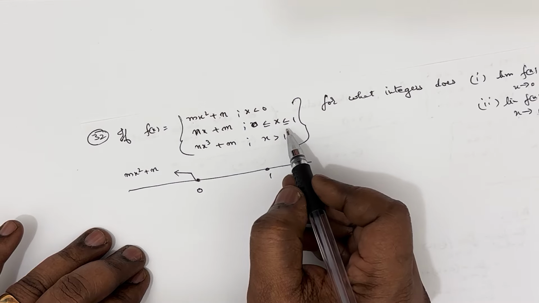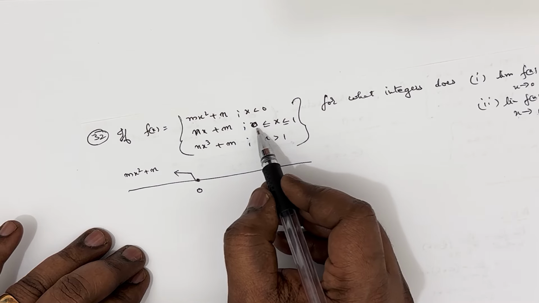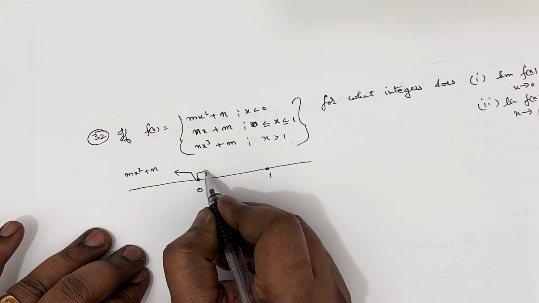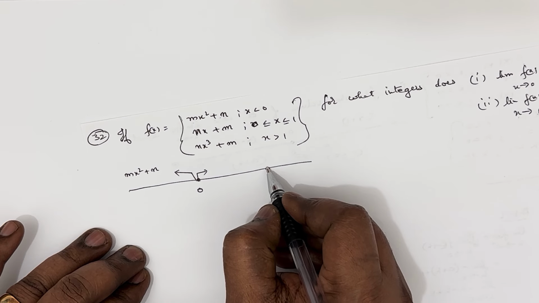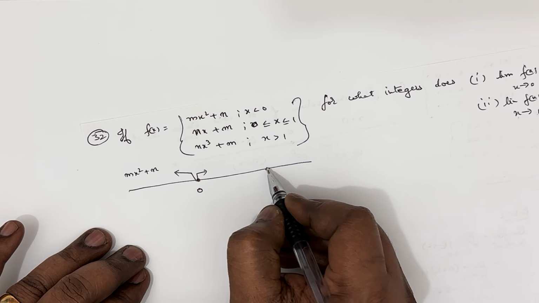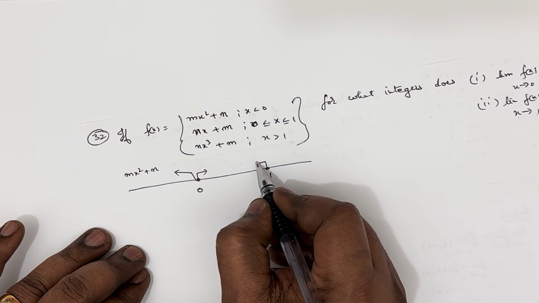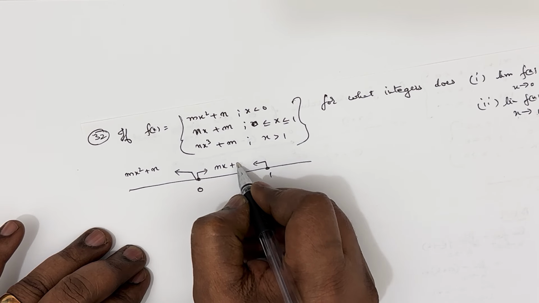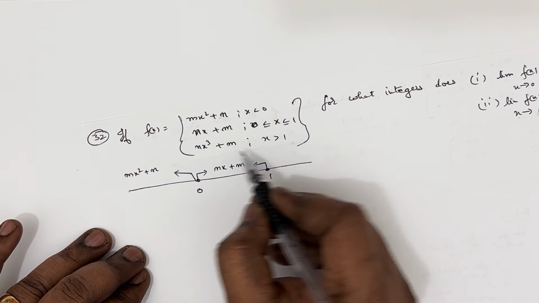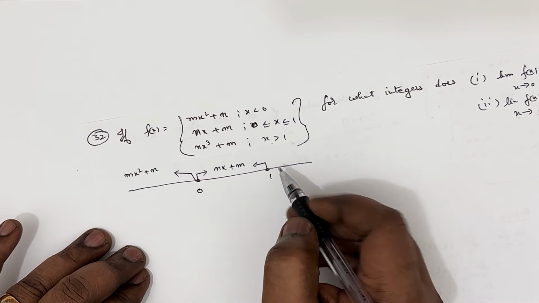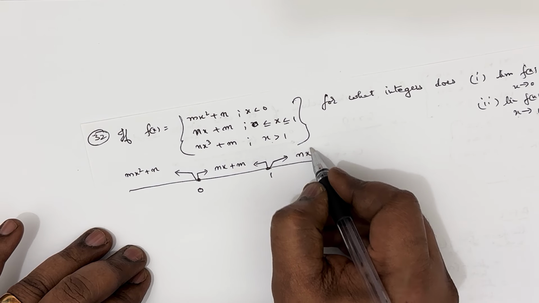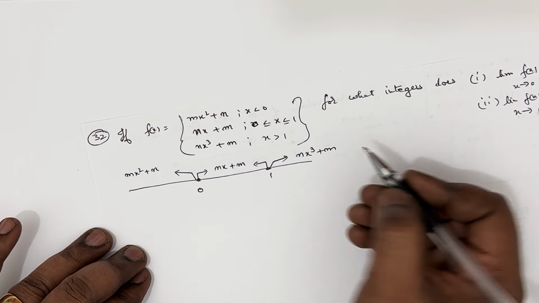When x is greater than or equal to 0 and less than or equal to 1, the function here will be nx plus m. And for x greater than 1, it will be nx cube plus m.